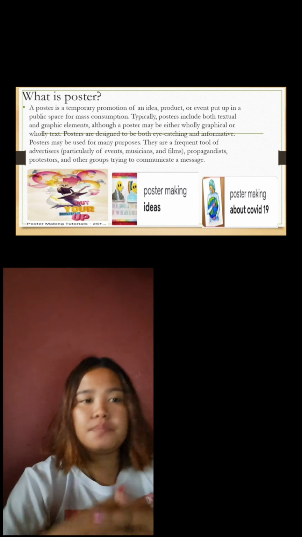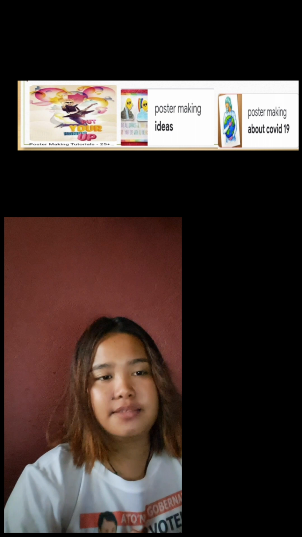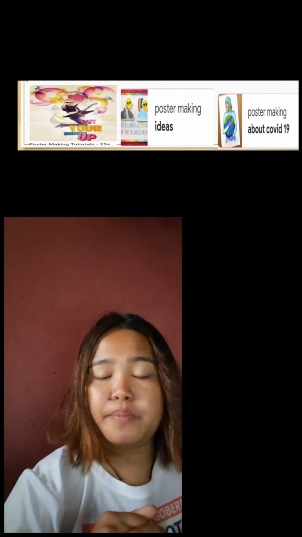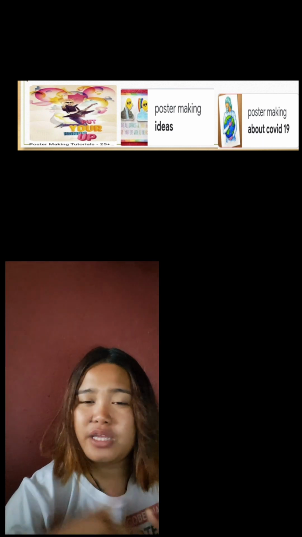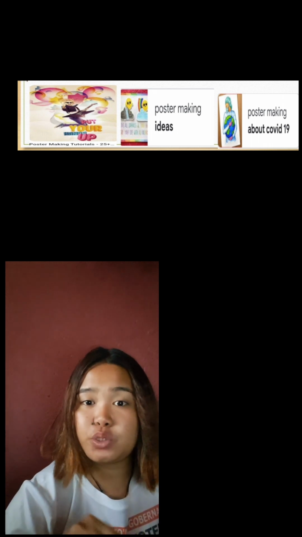I have some examples here: poster making tutorials, poster making ideas, and poster making about COVID-19. We all know that we can see posters, especially in our schools.